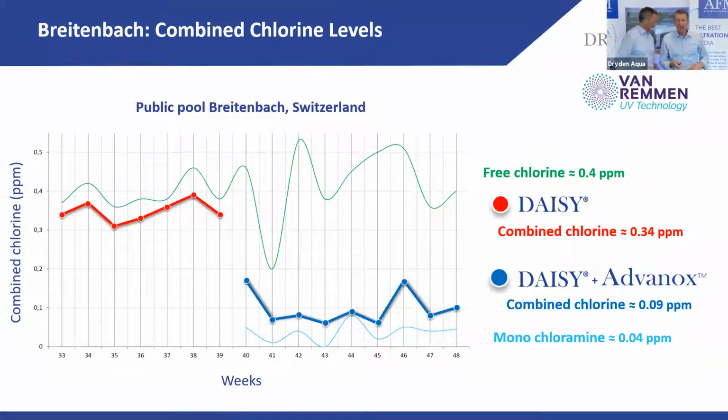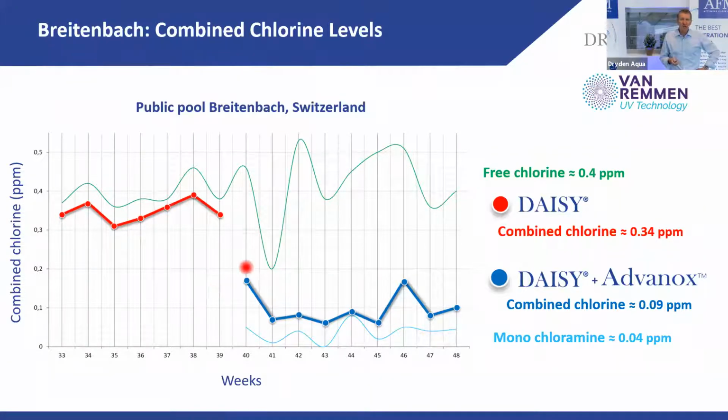Okay, good. So the results of Breitenbach pool. You see the green line, the free chlorine, which is less relevant for this, but the red line is our DAISY combined chlorine level just below 0.4 ppm.